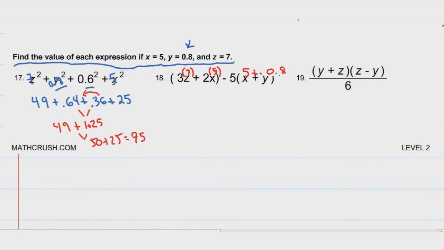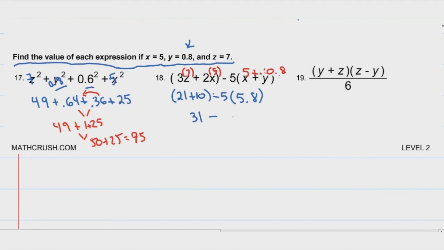So let's do what's in parentheses over here first. We're going to have 3 times 7, which is 21, and 2 times 5, which is 10. Then minus 5 times 5.8, because 5 plus 0.8. Well, 21 plus 10 is 31, minus 5 times 5.8.